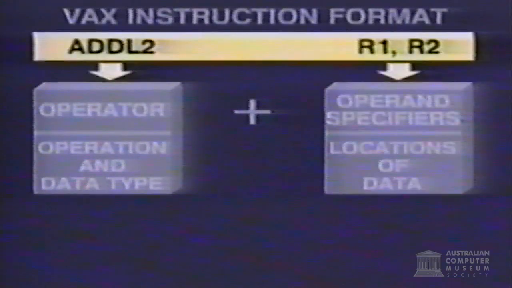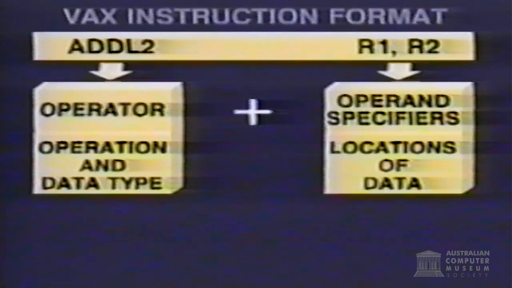Here, for example, is the instruction to add 2 integer long words located in general registers R1 and R2. This instruction consists of 2 parts: an operator and 2 operand specifiers. Add designates an addition operation to be performed on a given number of operands.